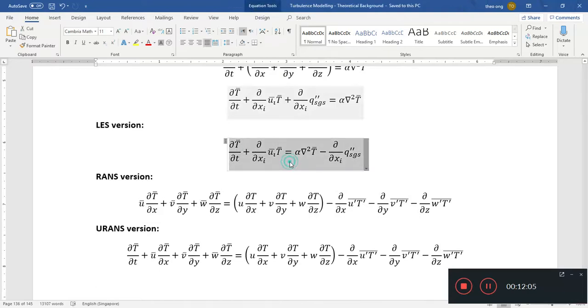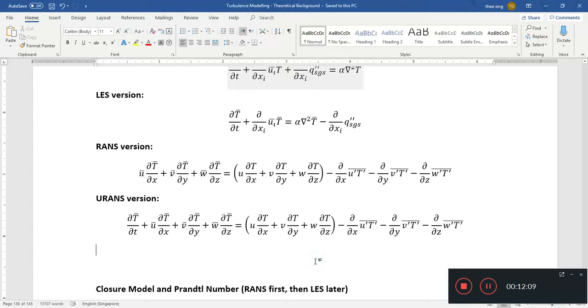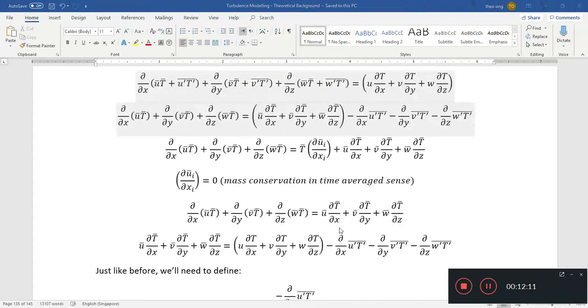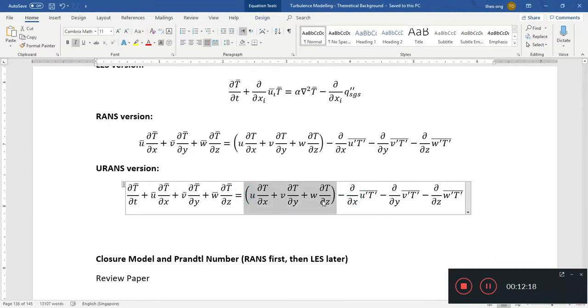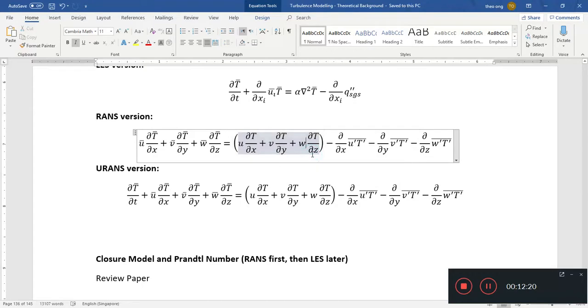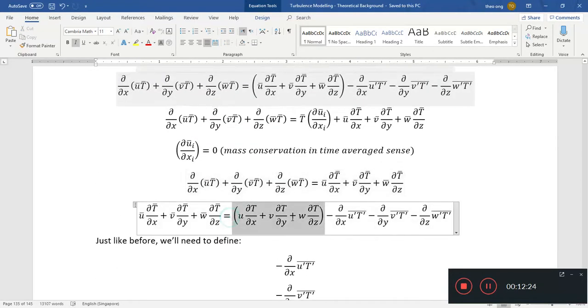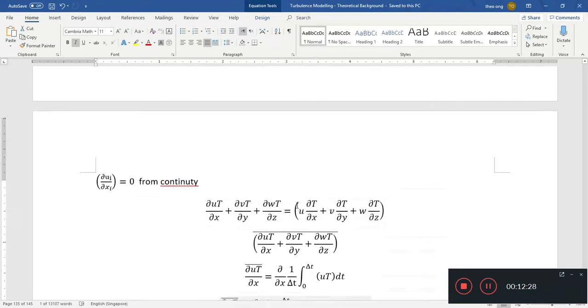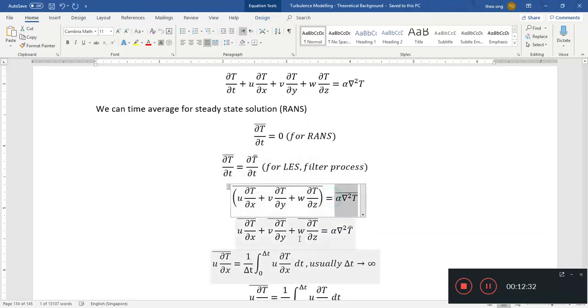This is for the LES, and this one's supposed to be for the RANS version. I think again I made another typo. This should be the Laplacian term. So let me get the Laplacian term down. There's an error there.